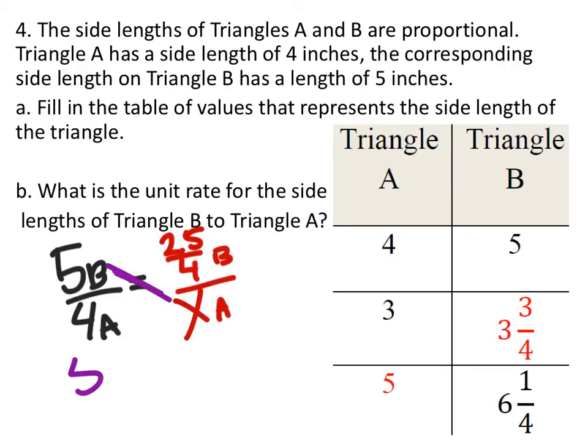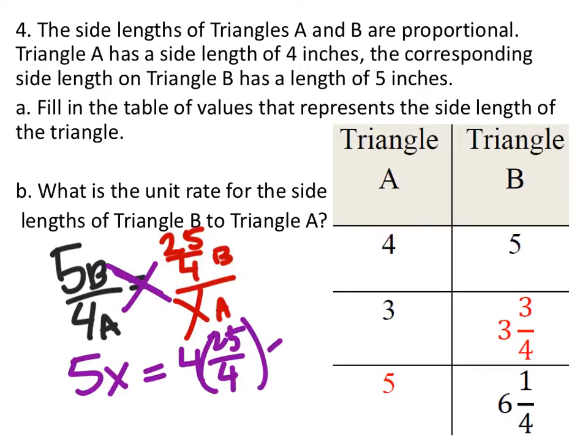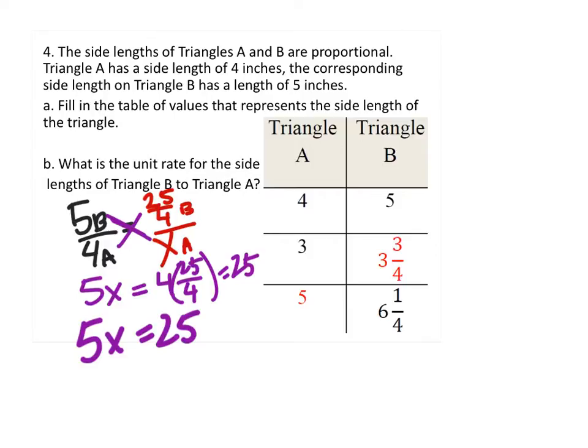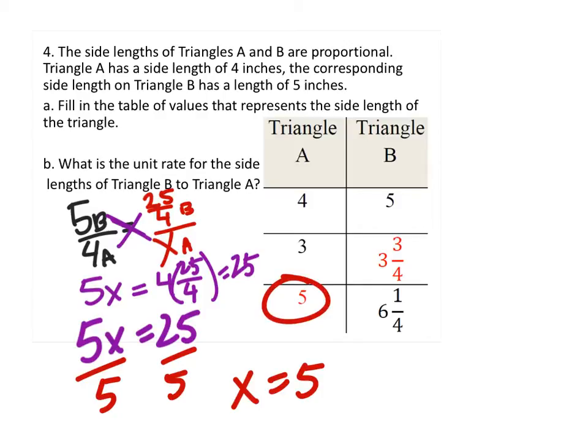So 5 times the x needs to equal 4 times 25/4, which would just be 25 in this case. So I have 5x equals 25, and dividing both sides by 5 gives me x equals 5, which we have right here.